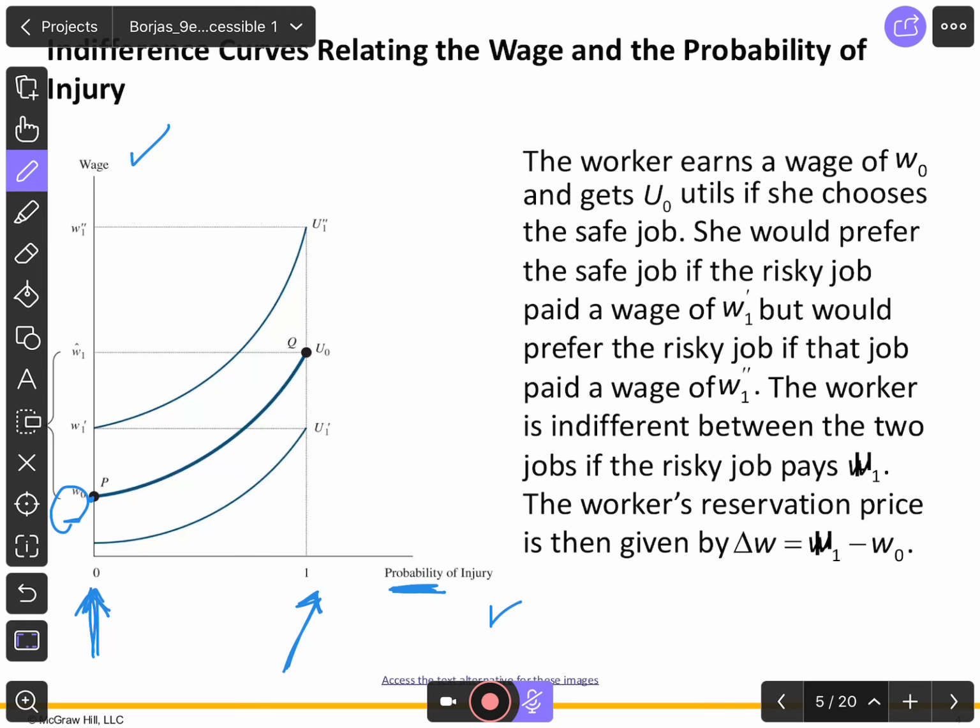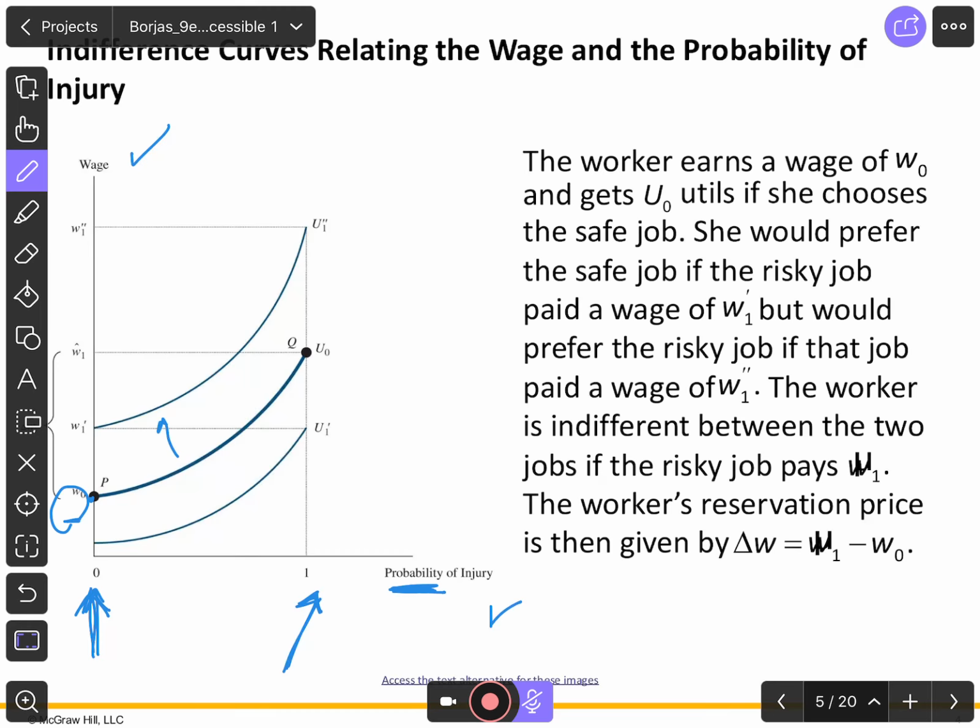Preferring a risky job means moving up to another indifference curve. If she prefers the safe job, then she would prefer a risky job only if it is paying W1 double prime.